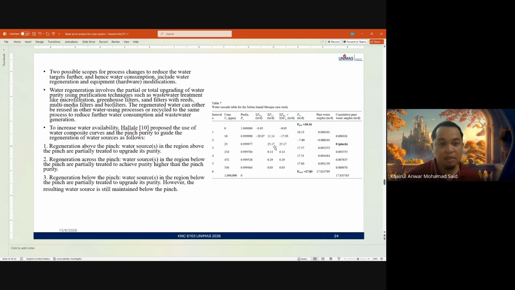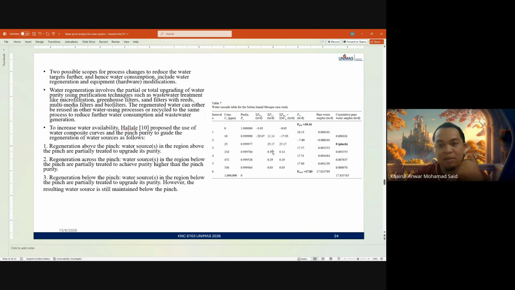In the region below the pinch, water sources in the region below the pinch are partially treated to achieve purity higher than the pinch purity. Okay. So this is the region below. So here is 0.14.